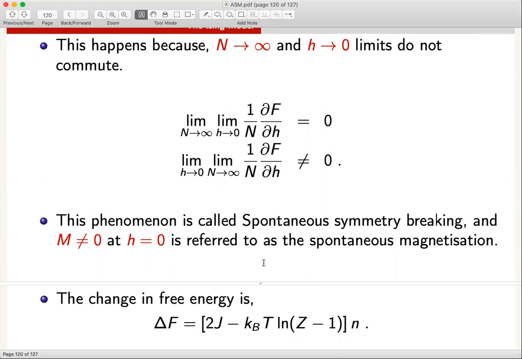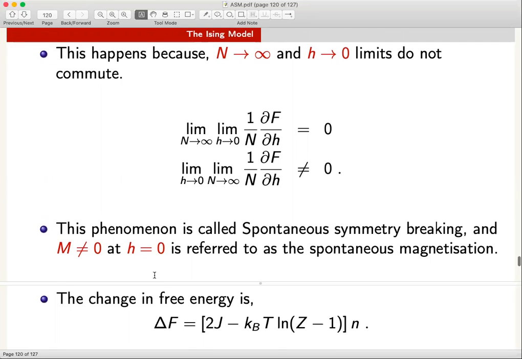That is called the spontaneous magnetization. This spontaneous magnetization is what we had earlier called the order parameter, because the system is in an ordered state at temperatures less than Tc. So this is one way of characterizing what is called the spontaneous breaking of the symmetry.